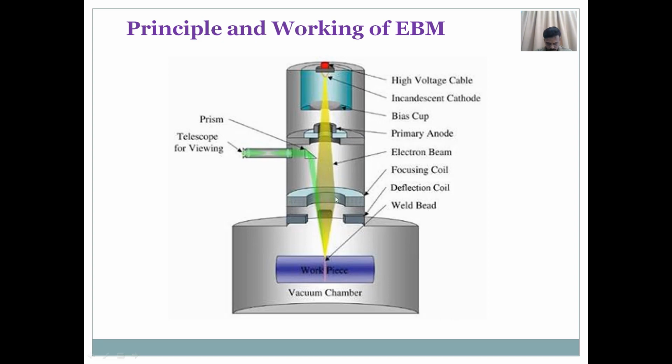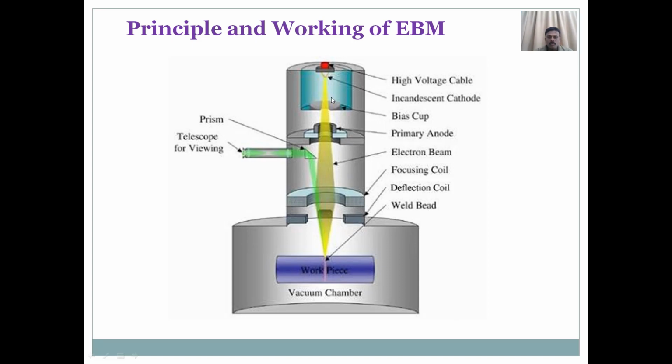The focusing coil absorbs the deflected rays, and after the final stage it goes to the deflection coil. The deflection coil makes this beam more concentrated, and this concentrated beam is bombarded on the workpiece.